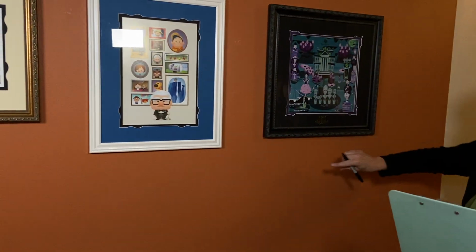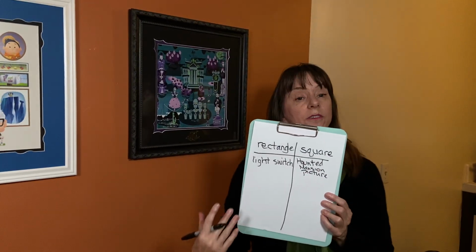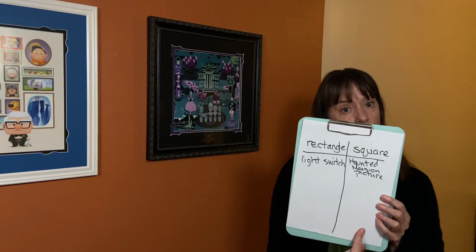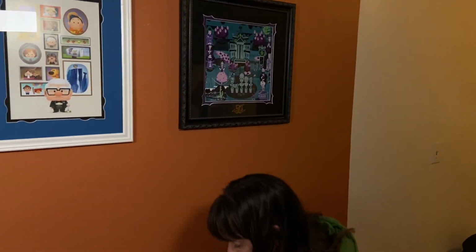I have a picture right here that's actually a square. So I'm going to say my haunted mansion picture. And I'm going to write that under the square. And you're going to go around your house and you're going to find as many rectangles and as many squares as you can. I'm going to pick up the whiteboard I knocked over.